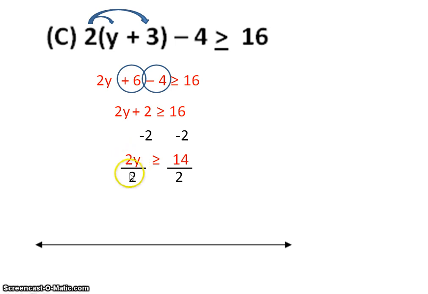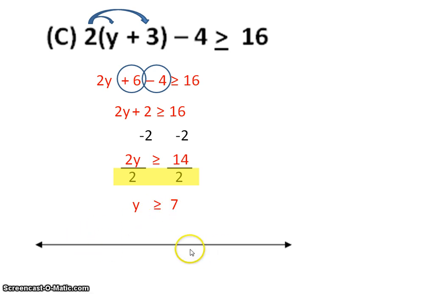These 2's will divide out, and on the left-hand side, I'll be left with y. 14 divided by 2 is 7. Now, I did not divide by a negative number, so I just bring down the inequality sign. Y is greater than or equal to 7.